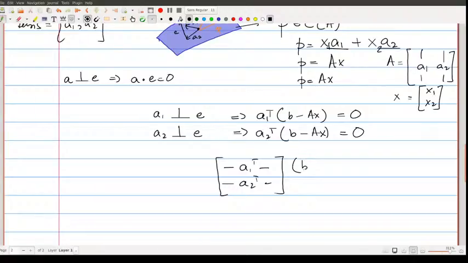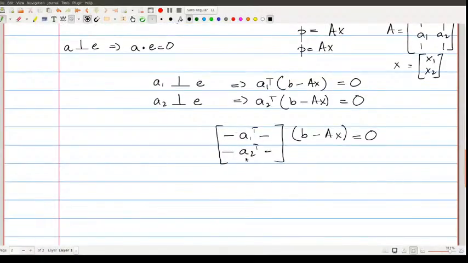So this is B minus AX equals 0. And this matrix that we've just constructed, where the columns of A have become the rows of some other matrix, is just the transpose matrix, right? So this equation is saying A transpose times B minus AX equals 0.